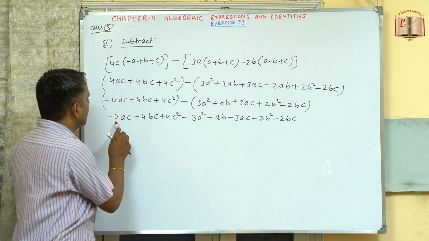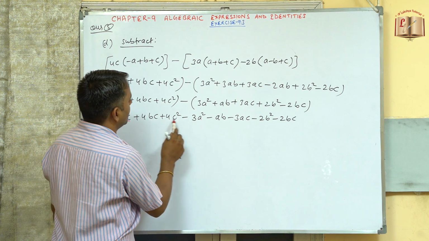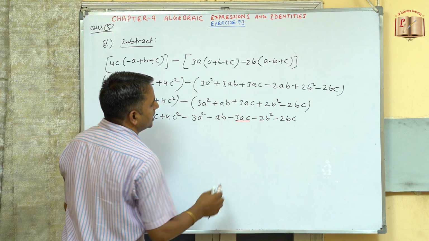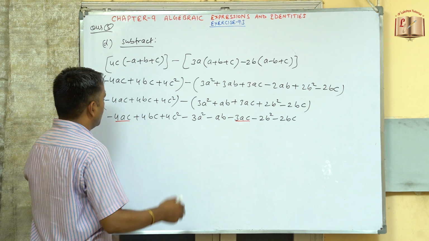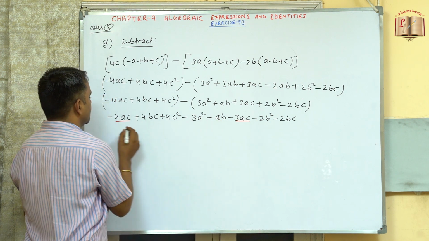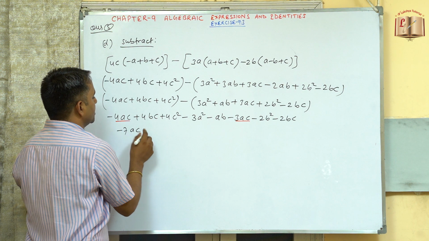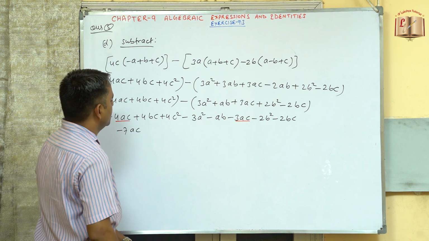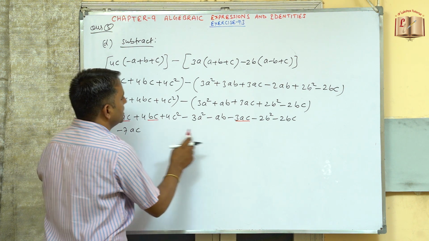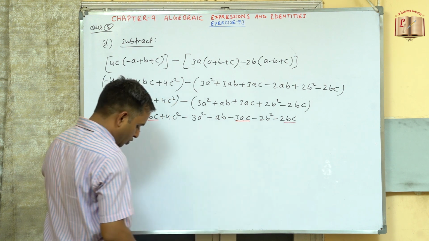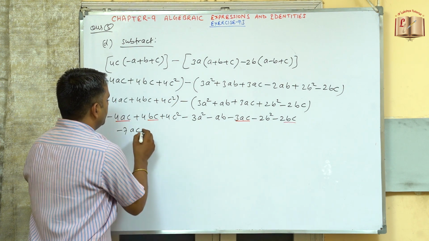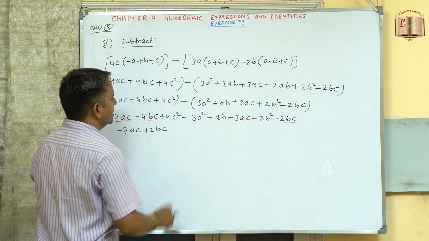Now 4ac, there is another ac term somewhere, let us summarize it. Now this is ac, so you solve this: 4ac minus 3ac, so this will be minus 7ac. Coming to the bc, this is now plus 4bc and here it is minus 2bc, so it will be plus 2bc.